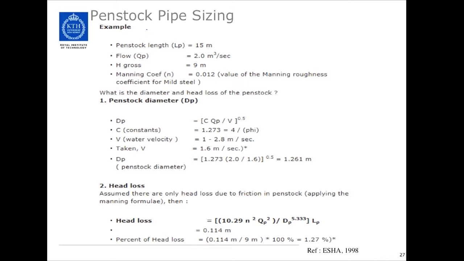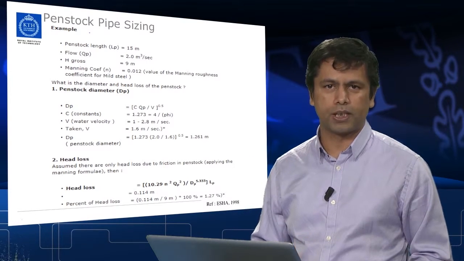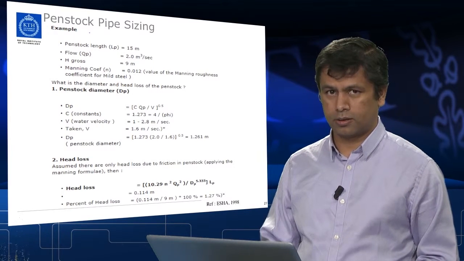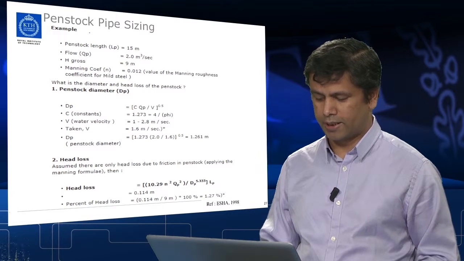We check the frictional losses in the penstock pipe, and we use Manning's formula again to calculate the head loss. After calculating, we found that the head loss is 0.114 meters, which is 1.27% of the total gross head. This is in the safe region, since normally we try to keep the head loss around 5 to 10%, and it is below 5%, which is in the recommendable range.